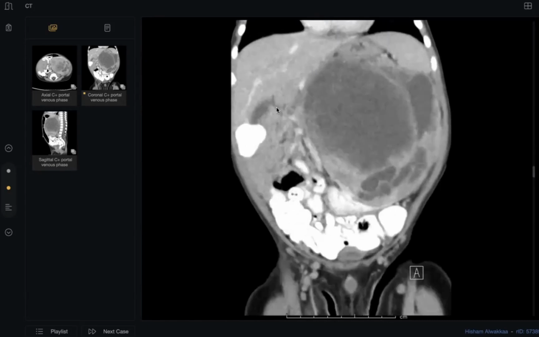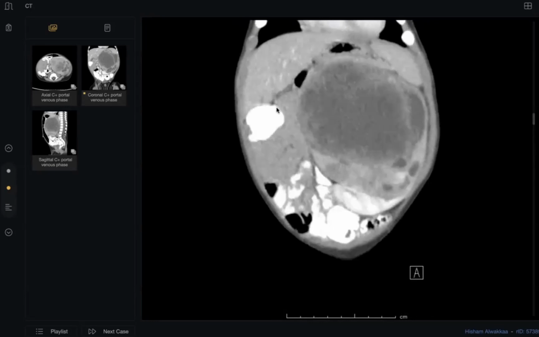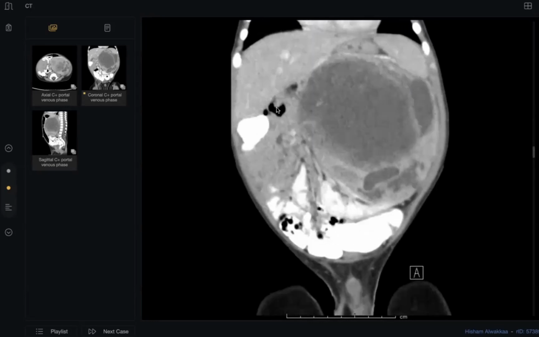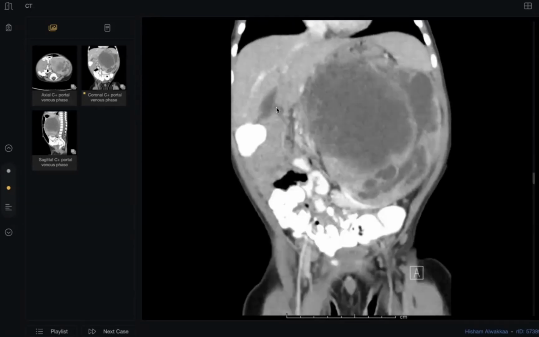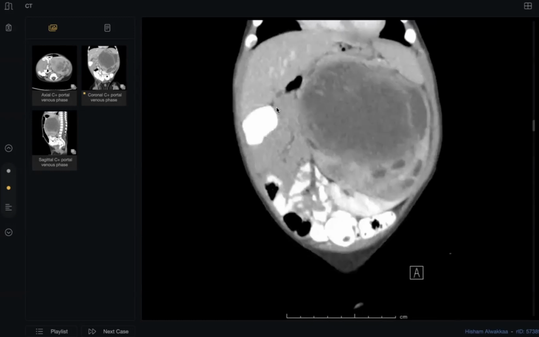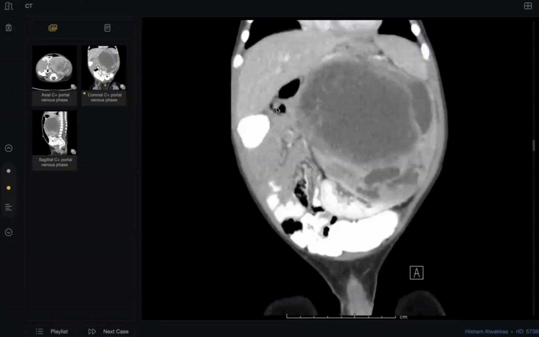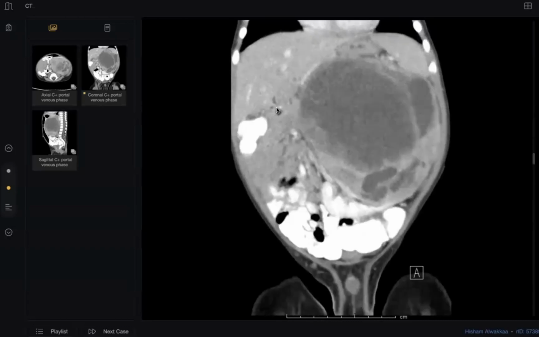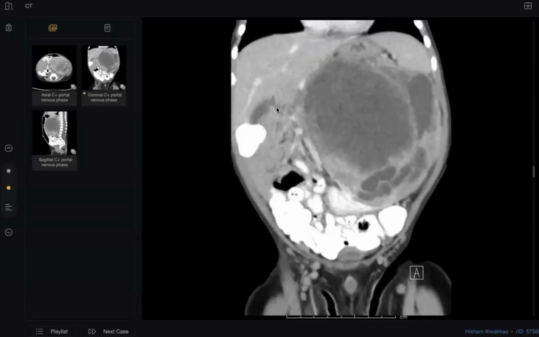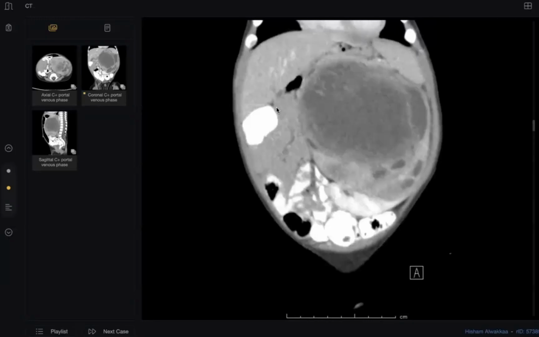So the approach: number one, where is the mass? In the kidney. Number two, aggressive or not aggressive. Then exclude the other differential diagnoses, like Wilms tumor. The age is not on the side of Wilms, so exclude it. And this is not neuroblastoma.